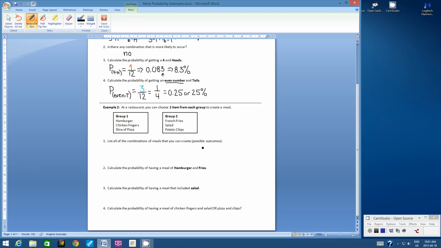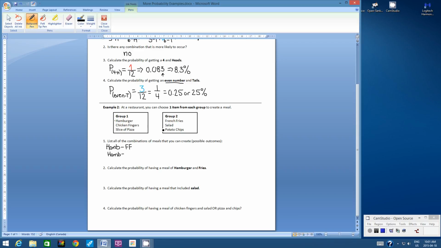So again, let's do this in a very organized way. So I'm going to start with hamburger in group 1. So hamburger, and what can we have with hamburger? We can have French fries. Then let's stick with hamburger so that we're going in a very organized way.